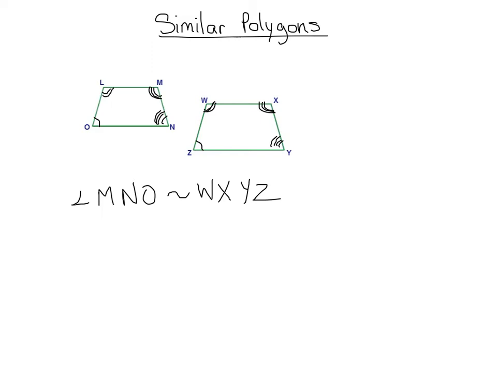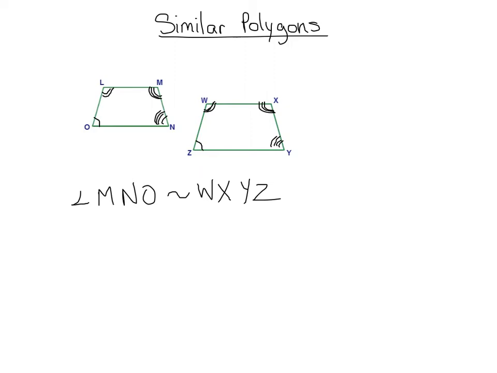Okay, so as we already discussed, we know that these polygons do not have to be the same size, but the corresponding sides must be proportional to each other. I'll repeat, the corresponding sides must be proportional to each other. What do I mean by that?